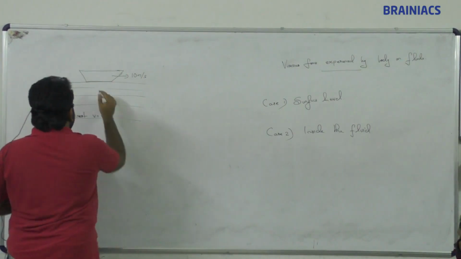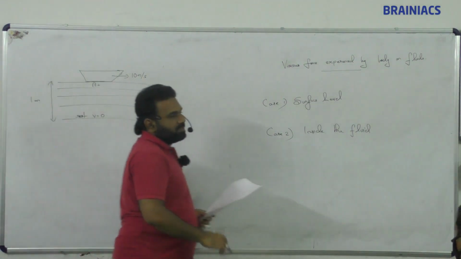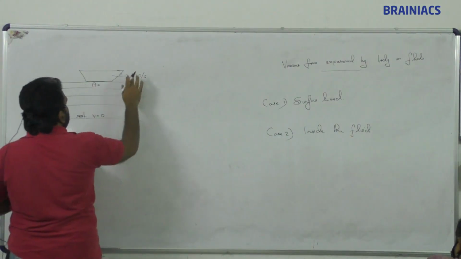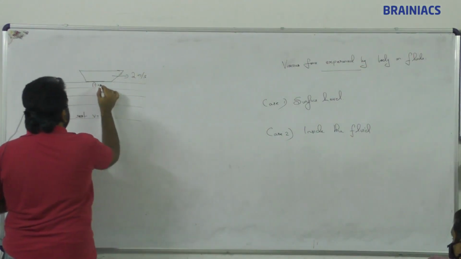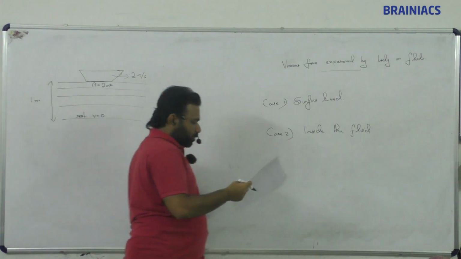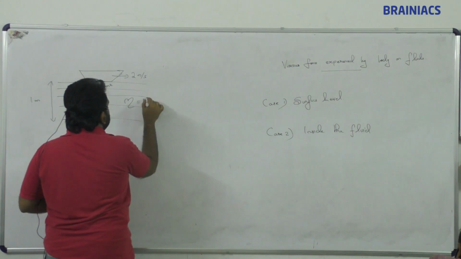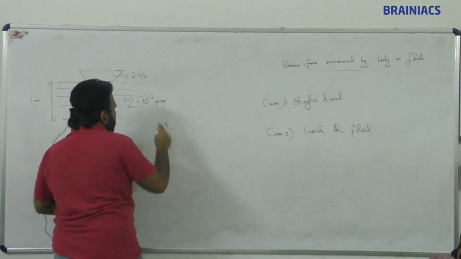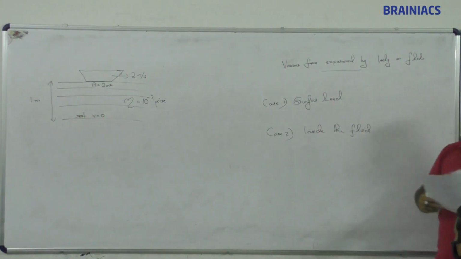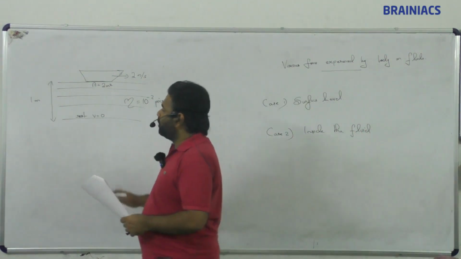Then the area of the body which is in touch with the stream is 2 meters square. And the viscosity of this is given as 10 raised to minus 2 poise. What is the depth? 1 meter, right? Now find the force required to keep the plate in uniform motion.